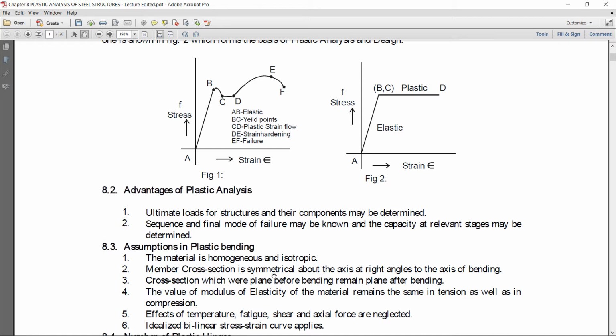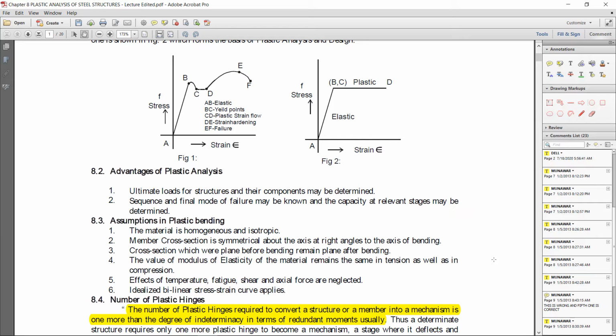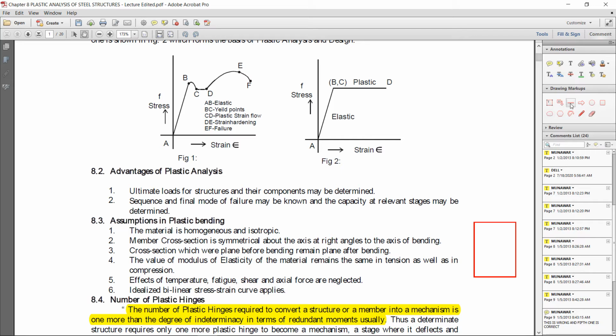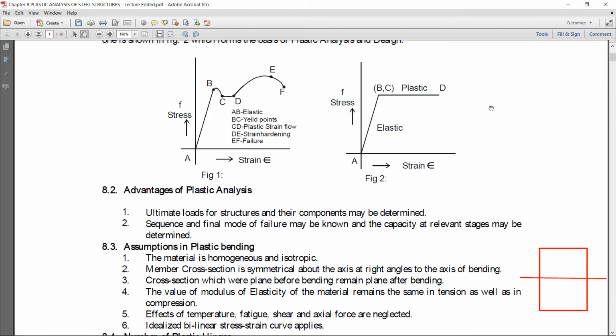Member cross section is symmetrical about the axis at right angles to the axis of bending. Now, the member cross section is symmetrical about the neutral axis.